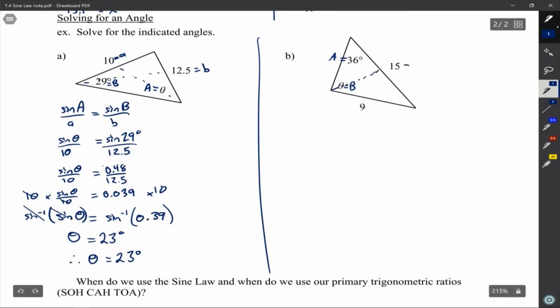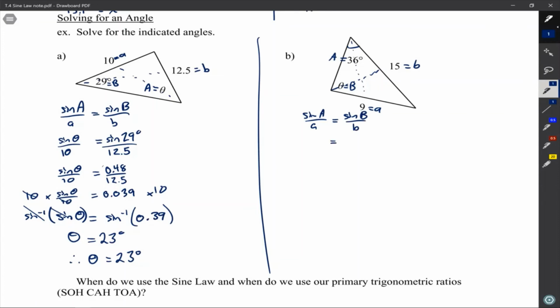So opposite of B is side length B, and opposite of A is side length A. So we can use our sine law again, in this form here: sine of A over side length A equals the sine of B over side length B.